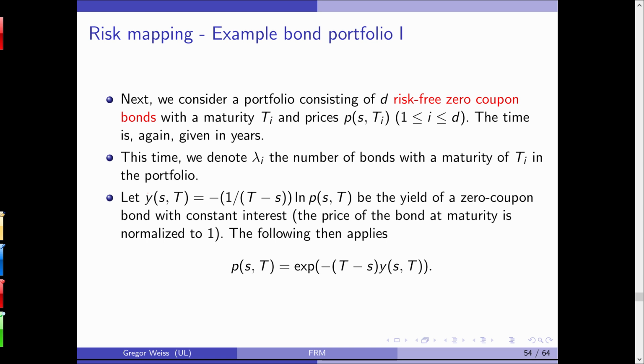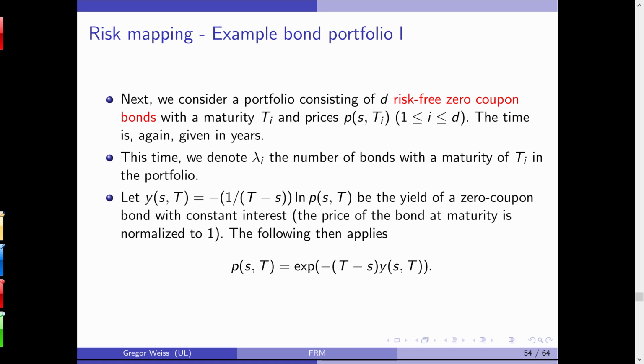And again, remember that when you are dealing with bonds, prices are usually normalized to 1. So you would think that this pretty much looks like what? It looks like a discount factor. Actually, that's the case. It's the discount factor times a price of 1. And the notional is normalized to 1.